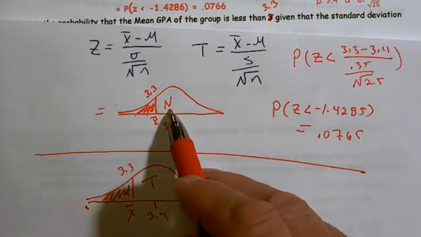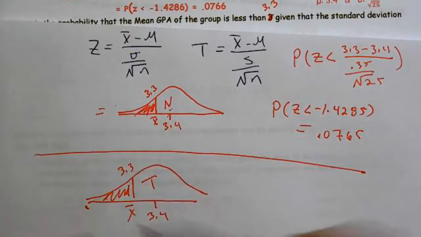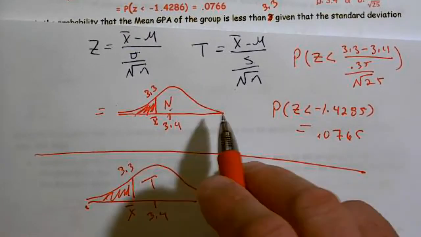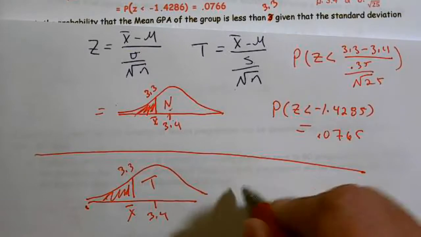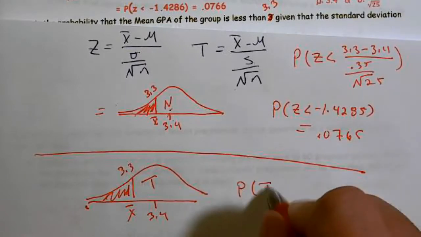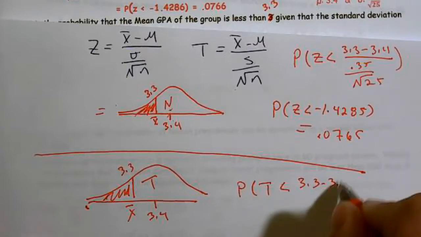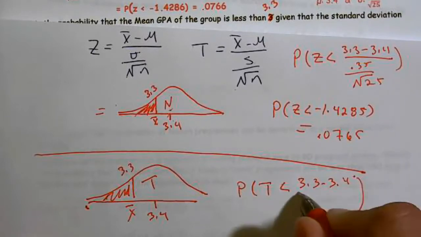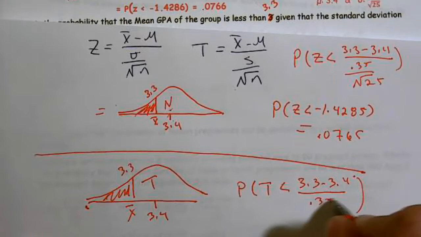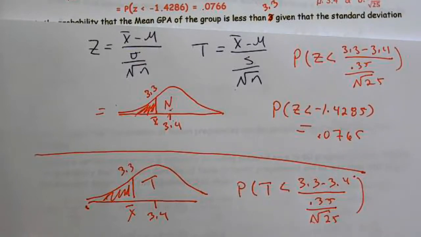And you don't have to label normal or t, but I'm just doing that for ease of this. And we're looking for the probability that t is less than 3.3 minus 3.4 over 0.35 divided by the square root of 25.